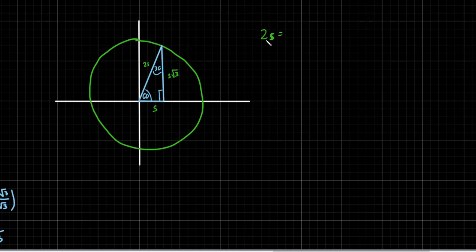Look on your unit circle. What is the radius of my unit circle? 1. Perfect. Yep. So 1. We know that this length over here is going to be 1.